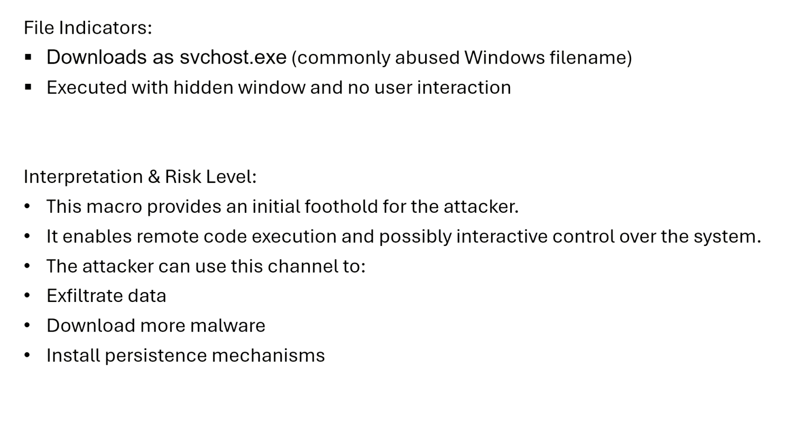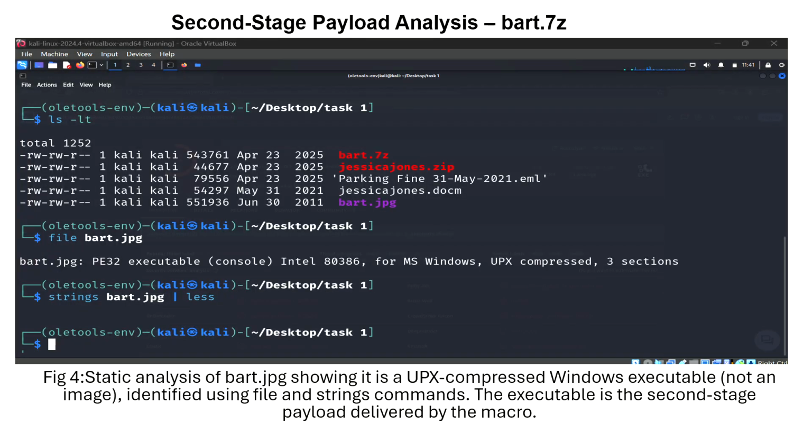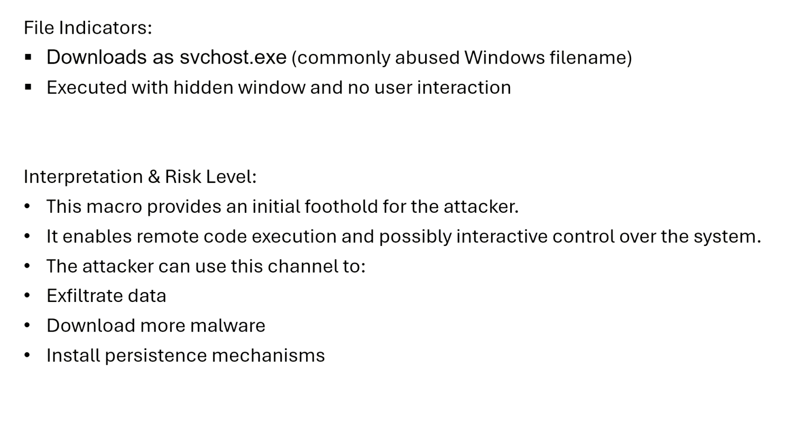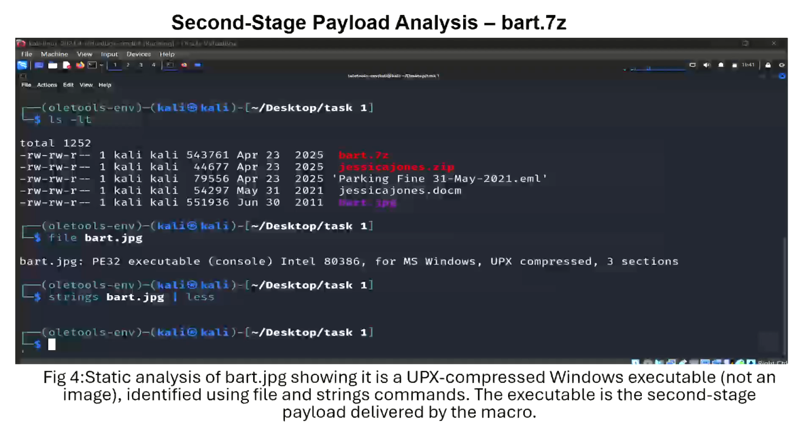This macro provides an initial foothold for the attacker. It enables remote code execution and possibly interactive control over the system. The attacker can use the channel to exfiltrate data, download more malware, and install persistence mechanisms. So this is the end of the file interpretation and risk level.